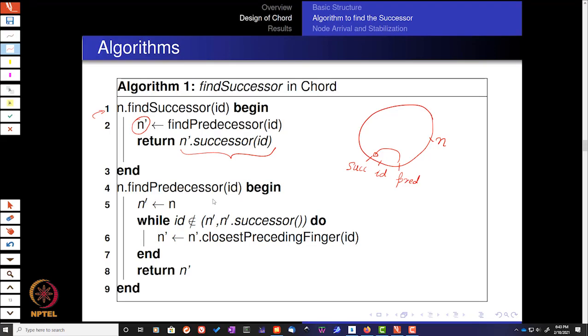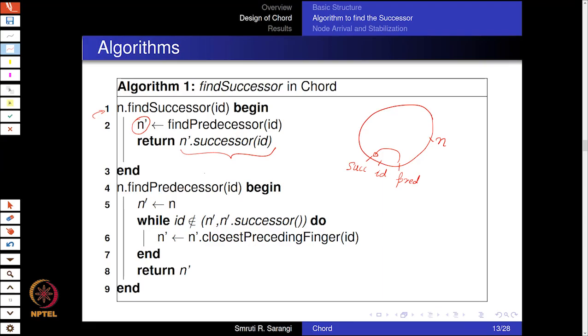So exactly what we see in code is something very similar, where we initialize n dash to n as long as our condition is not met. Which one? The one that I showed just now, that ID is not between n dash and n dash's successor. I keep on finding the closest preceding finger, keep on setting that to n dash, and I keep on repeating in a recursive fashion.